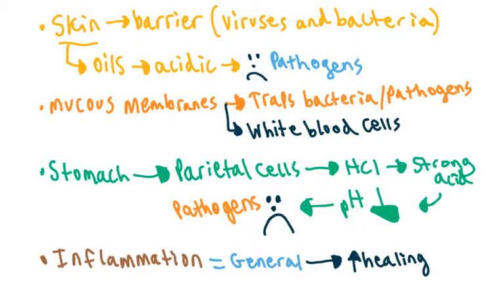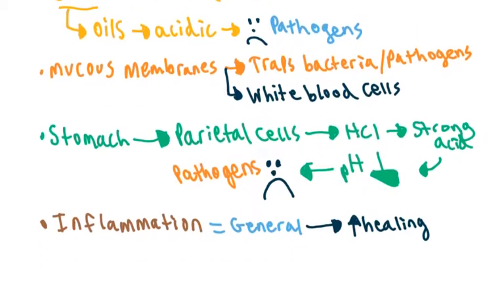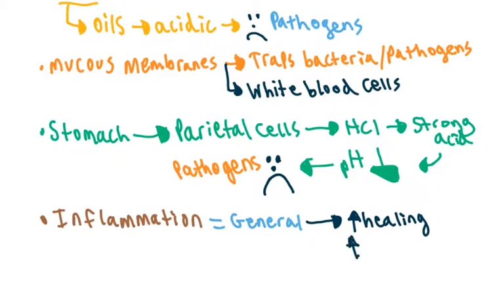Everything has to be in balance. Inflammation will also increase the white blood cells to that area, which can then help fight the infection if it's an infection. But inflammation in general is non-specific. It doesn't target some specific antigen of a specific pathogen.